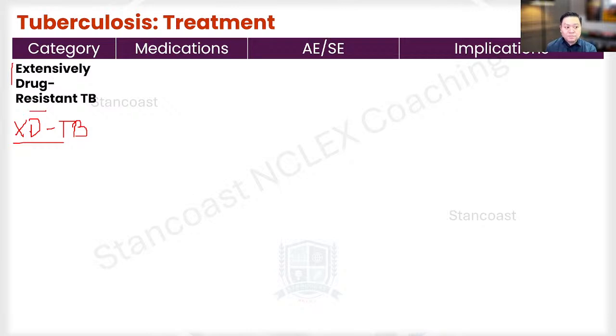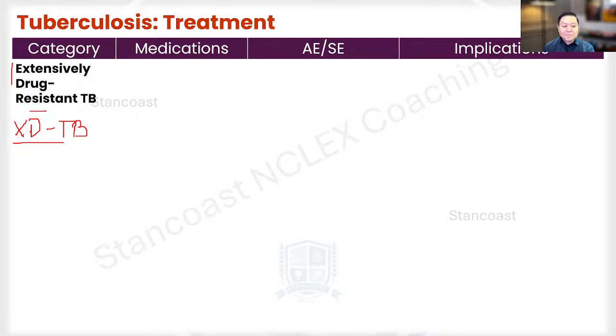So this is very resistant, and this is really going to cause the person to have a short life expectancy, because this is going to be very fatal for the patient, very drug resistant. Okay, so it doesn't respond to any of those medications that we have talked about, guys.